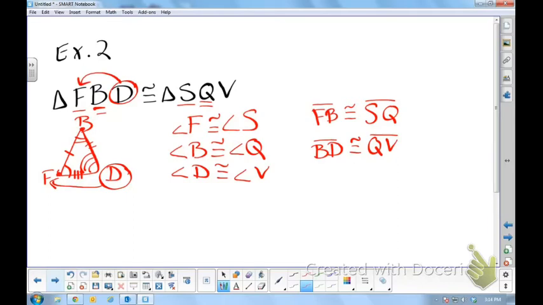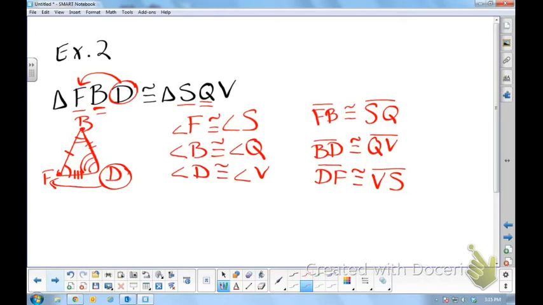So we have to say D to F, and we have to use the last one on the second triangle to the first letter on the second triangle. So V is the last letter of the second triangle, S is the first letter. So we can name each individual part that is matching, not just take a triangle and say that the entire two triangles match.